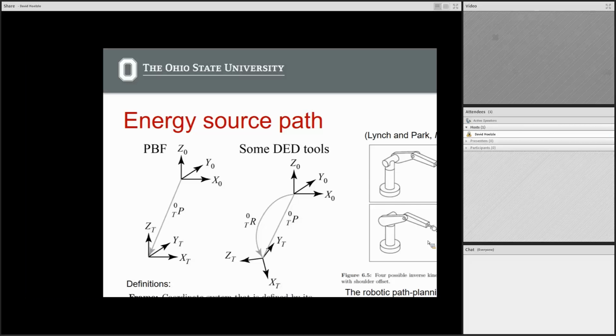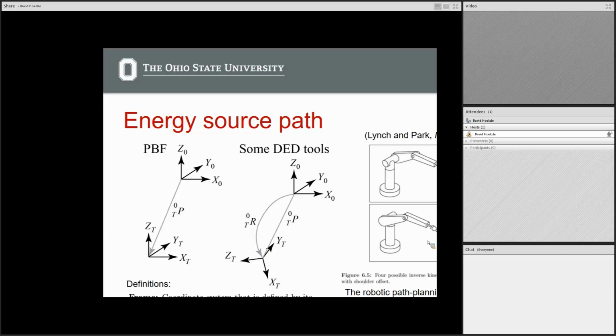Okay, so how do you do this? This is going to be very brief. I just want to give you a flavor of what's involved with these robotics problems. If you really want to understand the robotics problems associated with this, you're going to have to investigate far outside this class.